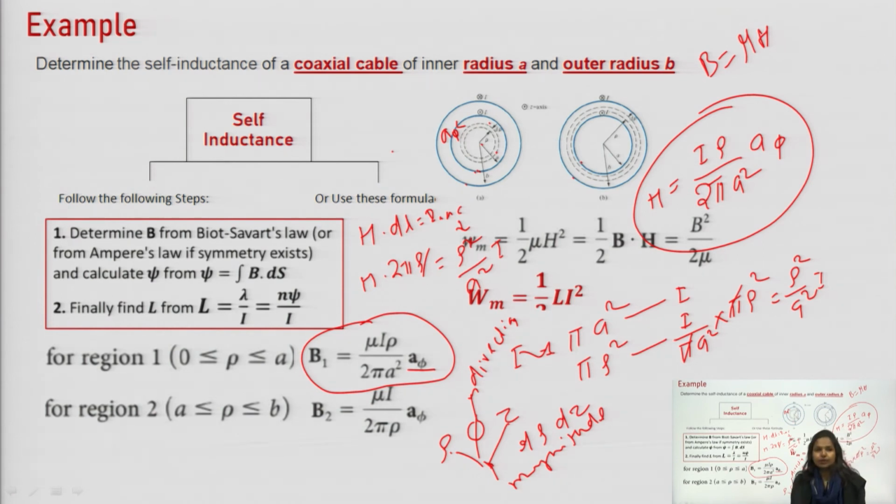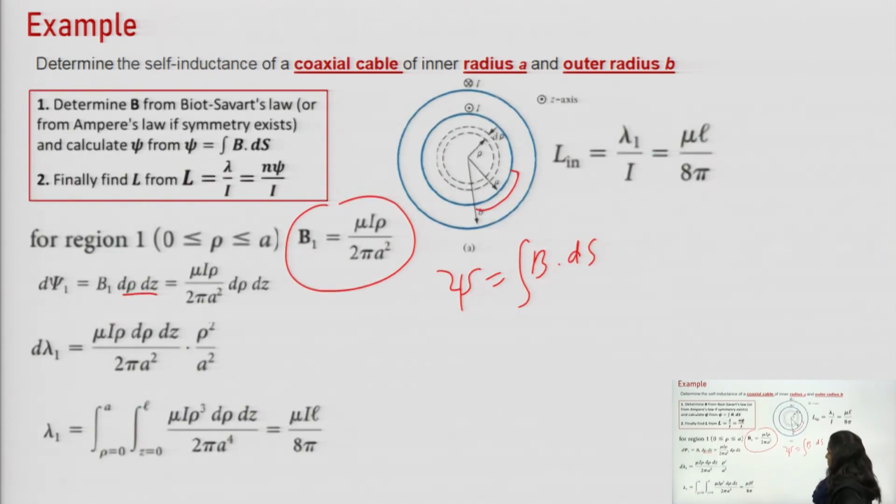This is an easy way to find the value of ds, not only in cylindrical coordinates but also in spherical or Cartesian coordinates. So that's why here ds is d rho and dz.